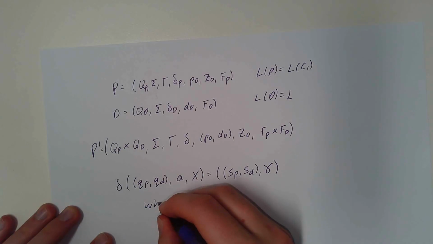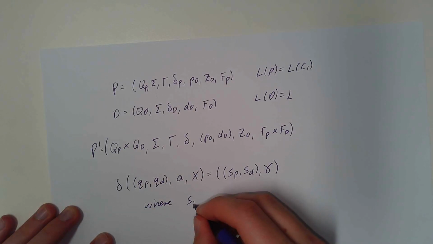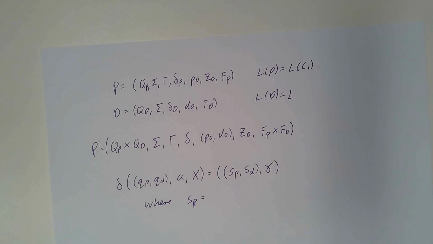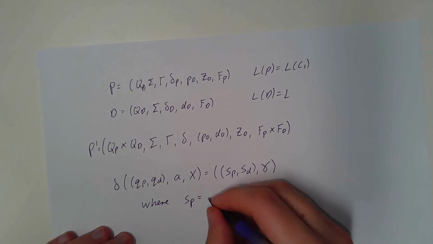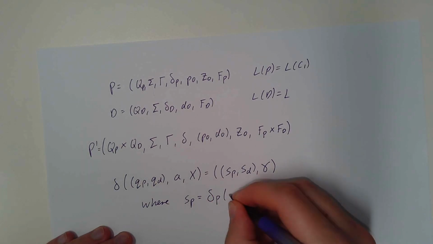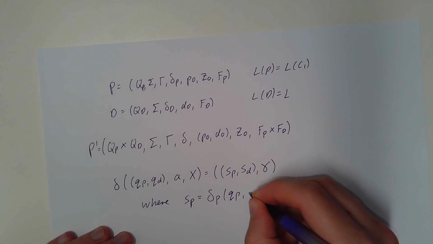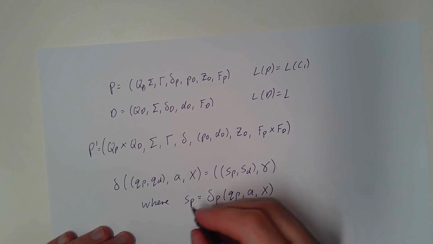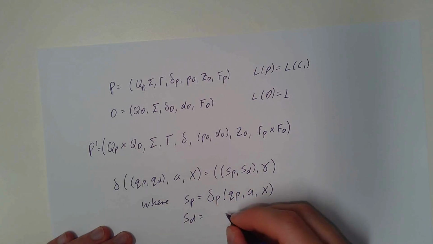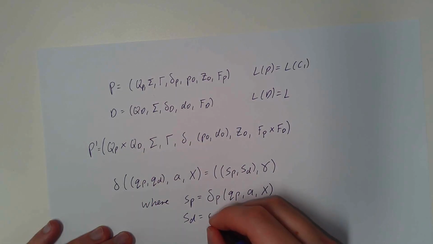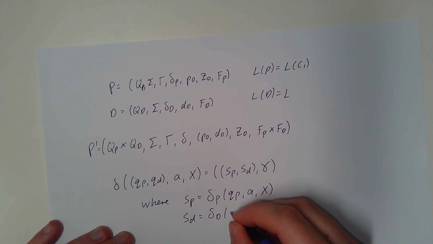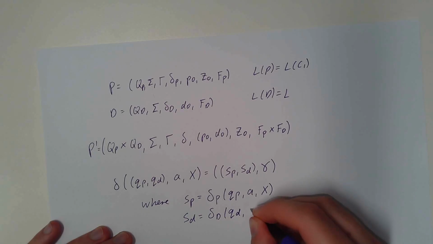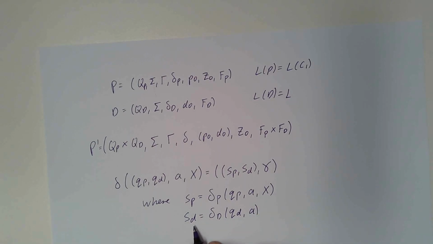And what are these parts? Well, SP is going to be whatever state the PDA would put me in. So we ask the PDA transition function, if I'm in QP and I read A and I pop X off the stack, where do I go? And what's SD? Well, we ask the DFA what to do. If I'm in state QD and I read the input A, it's just wherever I go to from there.